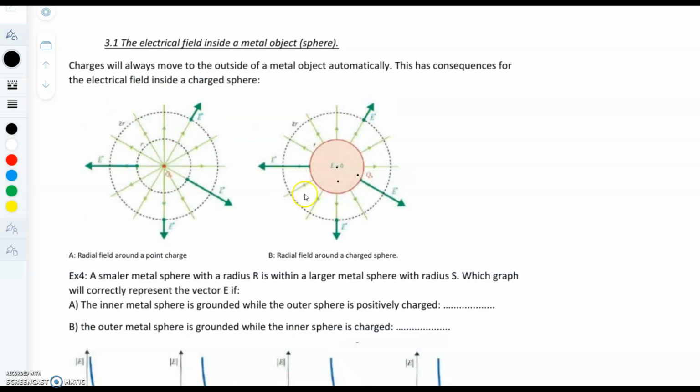Now, one thing to remember is there not being an electrical field inside of a metal object, inside of a metal sphere, can be sometimes incredibly handy. Certain cables are able to create electrical fields that can cause disturbances towards other electric machines and components around it. If you put a metal sheet around a cable, you can actually protect that disruptive electric field that is generated from disrupting other objects.